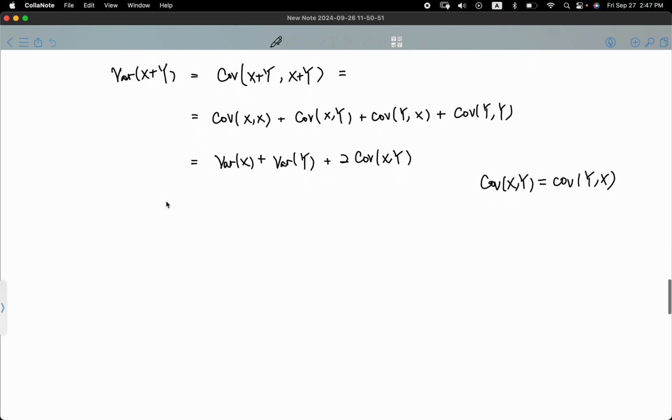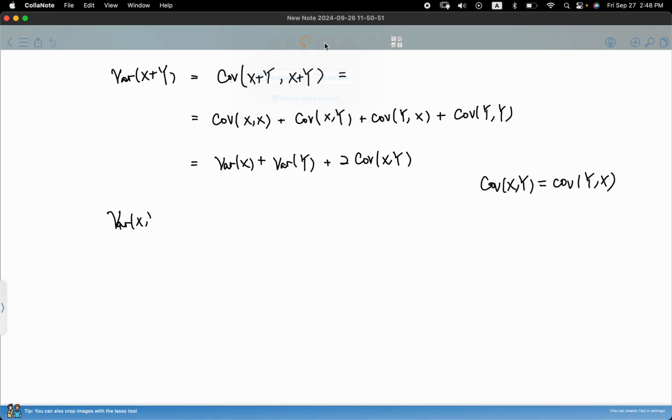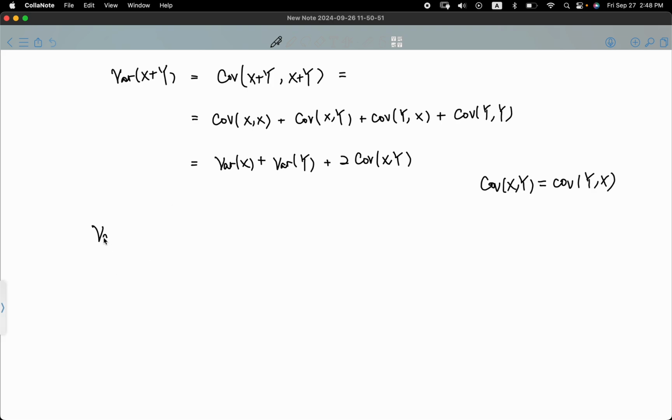Okay, so maybe you can also mention that this is generally the case, but sometimes there are independent random variables. So you will have the variance of x plus y, but they are independent. What you have is the variance of x plus y, but there will be some differences in the covariance term.